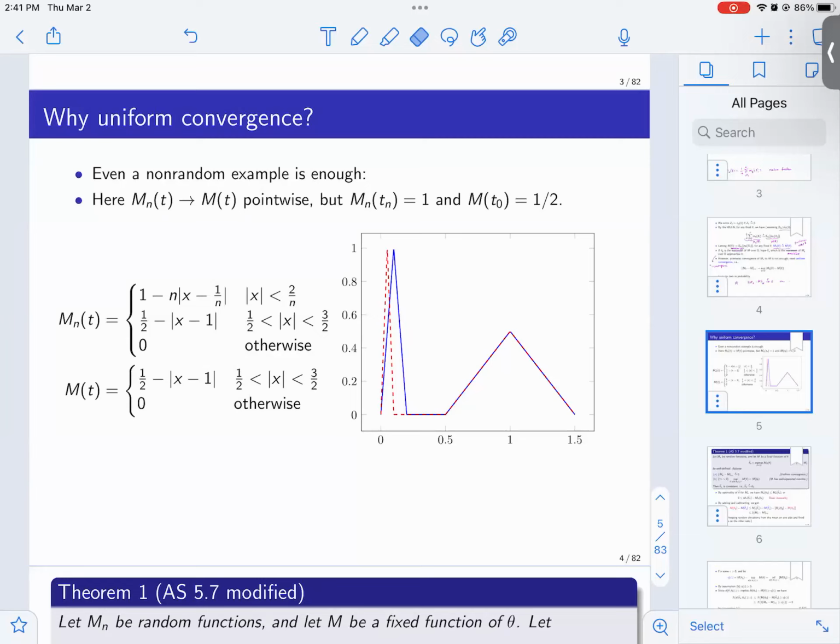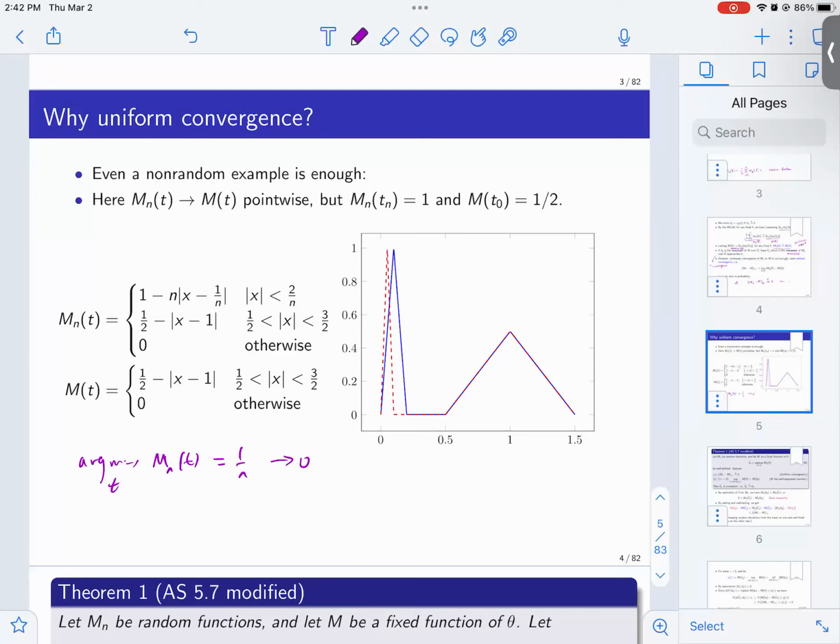So the argmax of M_n is 1/n, the maximum is 1. So this converges to 0. But the argmax of the limit is 1/2 always. So 0 does not equal 1/2, so the argmax doesn't converge.